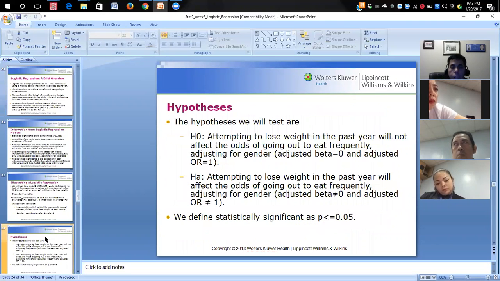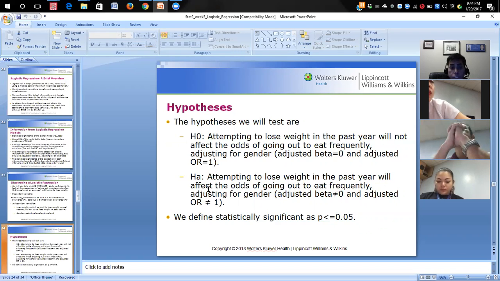So our hypothesis when we do logistic regression is that the null hypothesis is that attempting to lose weight in the past year will not affect the odds of going out to eat frequently, where we only have 2 binary outcomes for the dependent variable, that is 5 times or less, or more. And then we are looking at an adjusted beta of 0 and an adjusted odds ratio equal to 1.